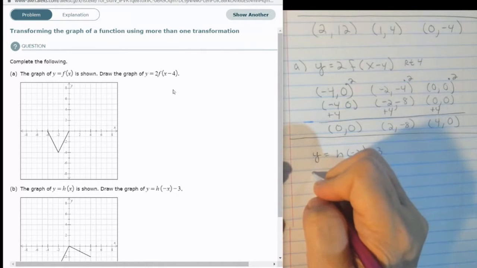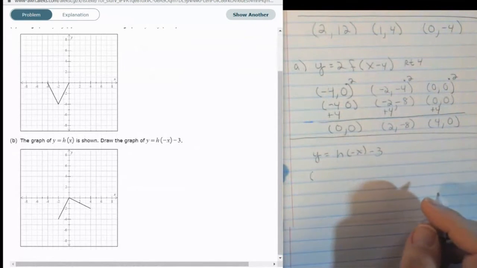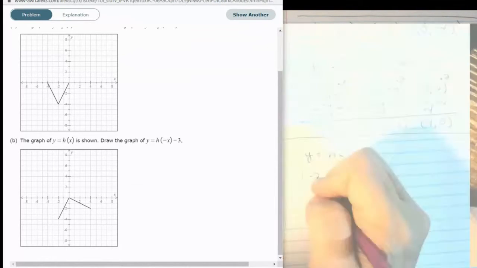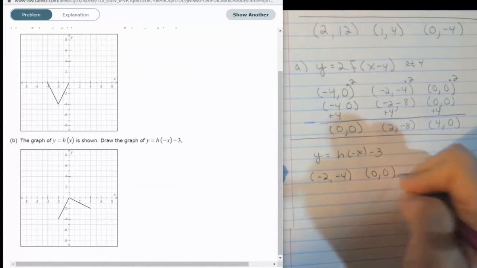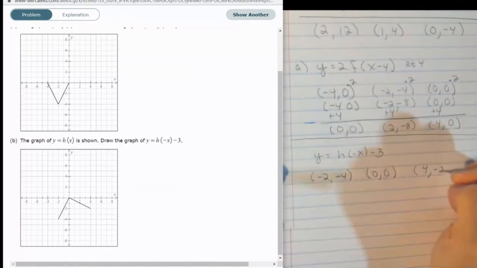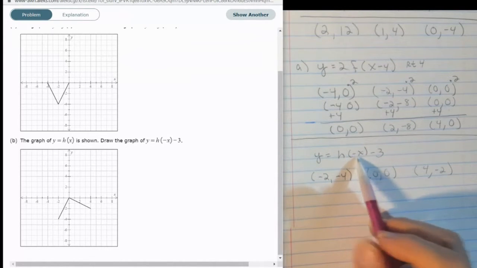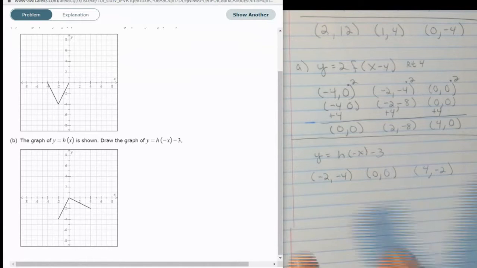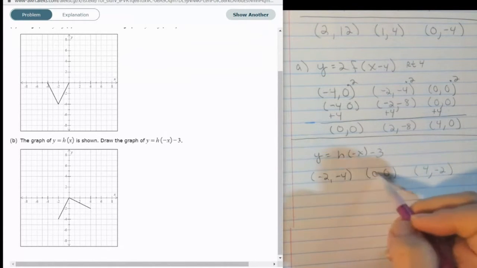So if we write our points, (-2, -4), (0, 0), (4, -2). Negative is going to flip on the y-axis, so it changes the signs of the x values.